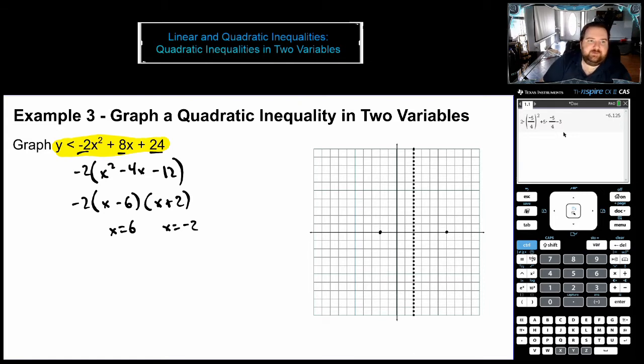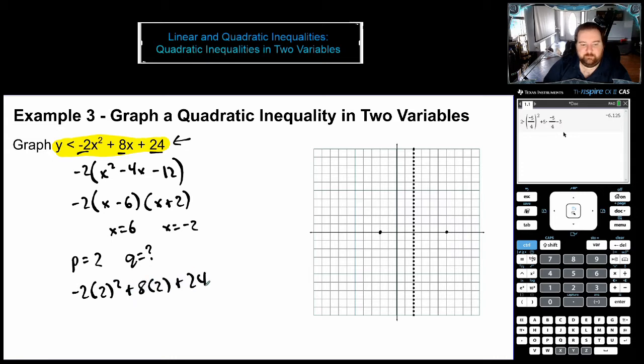So I know my vertex is going to be on that point. So the p value of my vertex is 2. And to find the q value of it, you just plug in p into your equation. So negative 2 times 2 squared plus 8 times 2 plus 24.